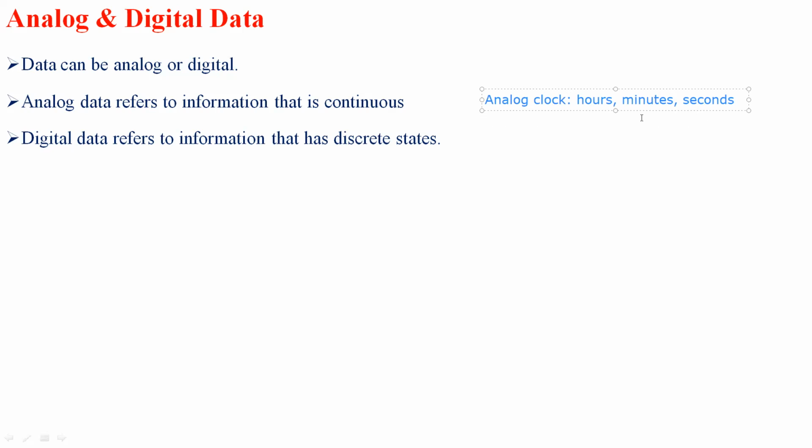So this gives information in a continuous form. It will tell you that now the time is 1 o'clock, 35 minutes with 48 seconds. So it gives information in a continuous manner. The analog clock is the best example of analog data.